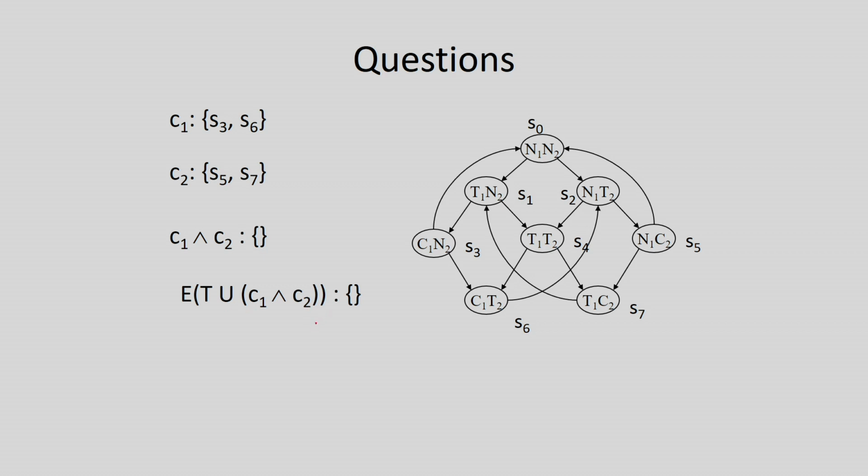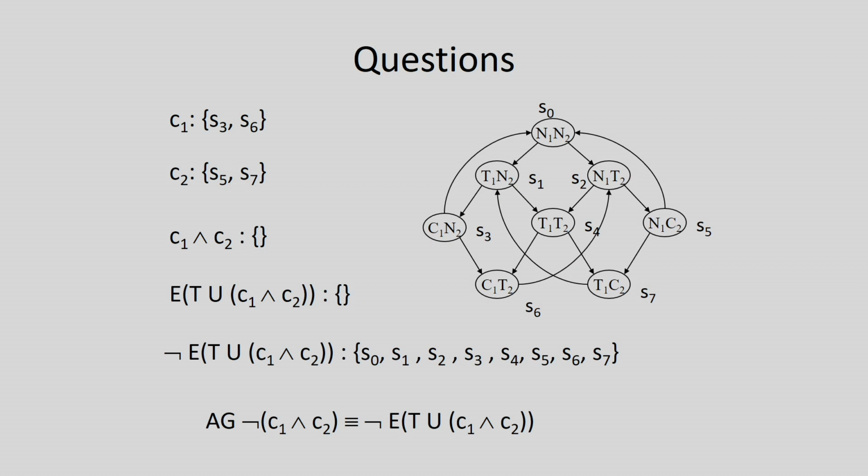If you look into the algorithm, since this is phi, we are going to get another null set. So, E true until C1 and C2 is false in all the states. Finally, if I take the negation of it, it is the entire state space minus the null set, that means the entire state space.